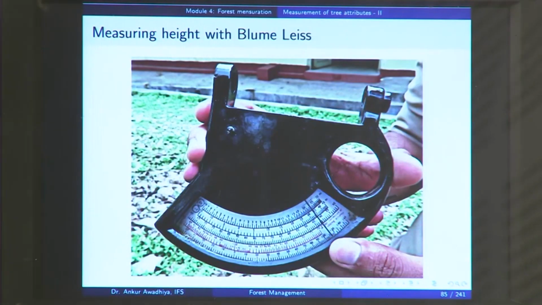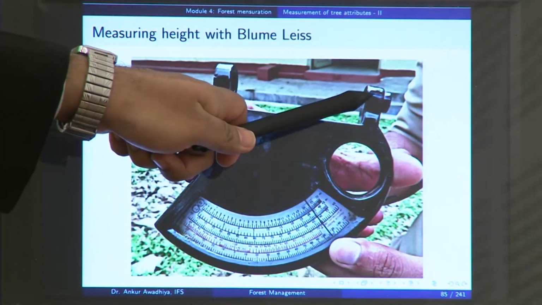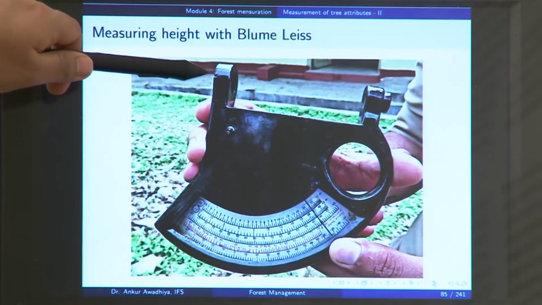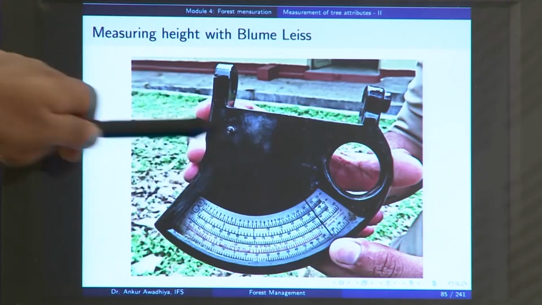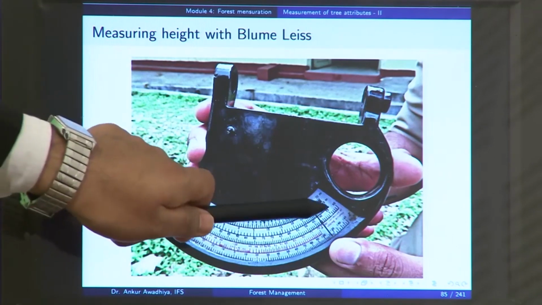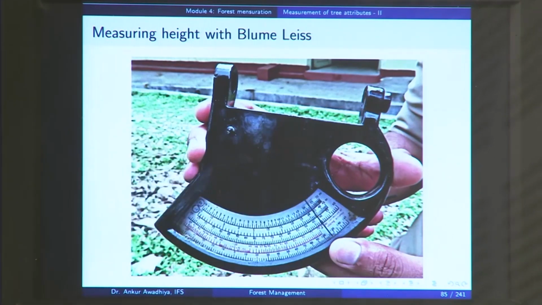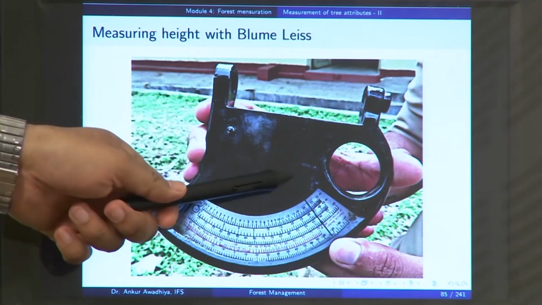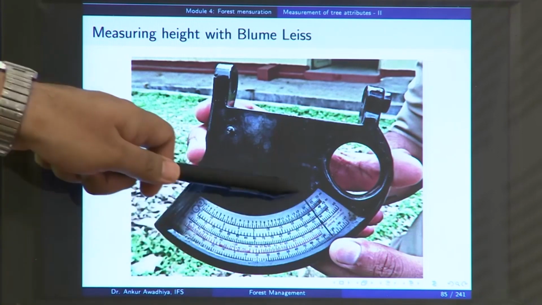Now, a Blume Leiss is an instrument in which here you have an eyepiece, here you have the objective, you keep your thumb here, here you have a button, and here you have the scales. Now, what happens in the case of this instrument is that when you release the button, this counter has a weight and it always comes down.